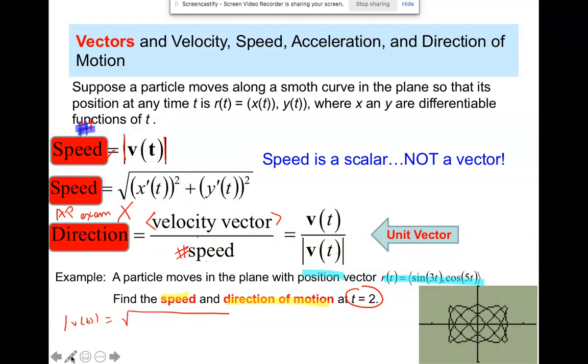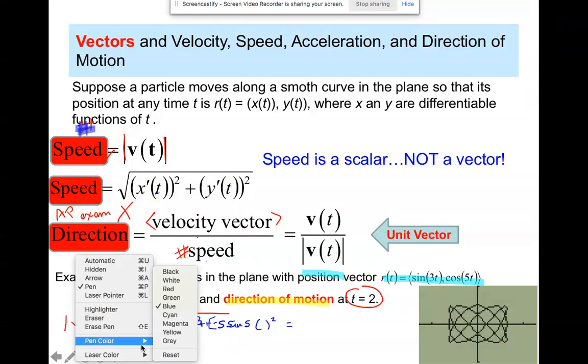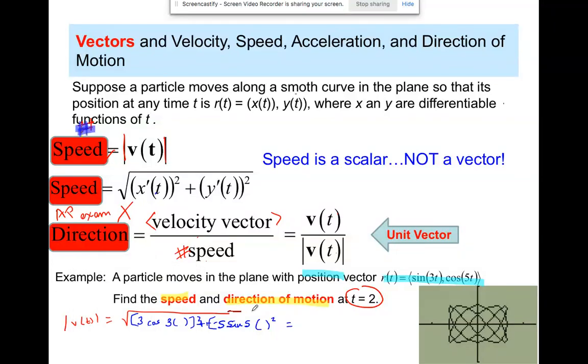So it was the derivative of x with respect to t, which is 3 cosine 3t, all squared, plus negative, although who cares because I'm going to square this, sine 5t squared. But don't forget you're putting in 2.